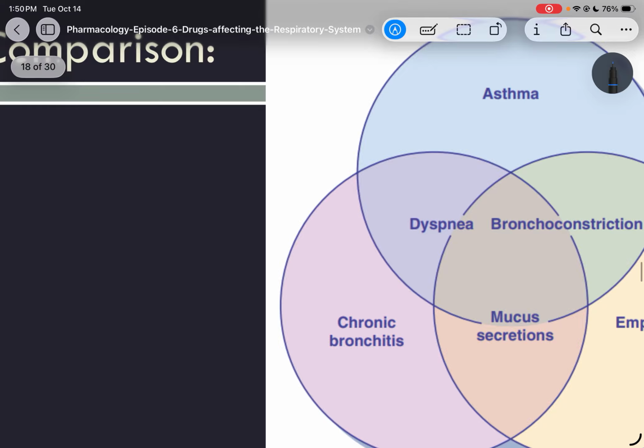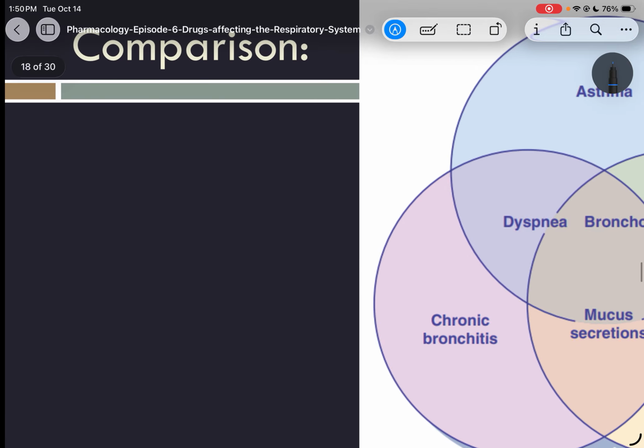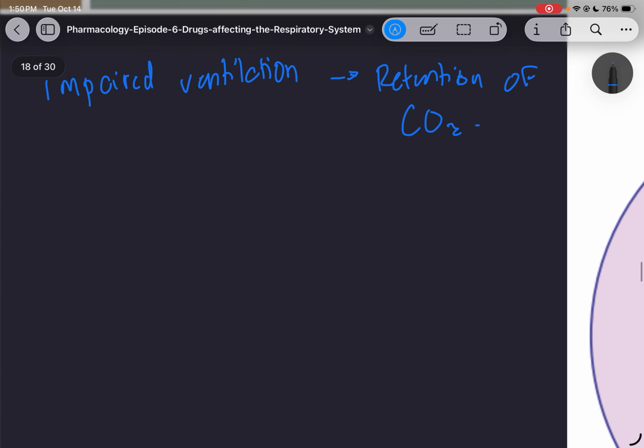Since there is impaired ventilation, oftentimes there will be a retention of carbon dioxide.